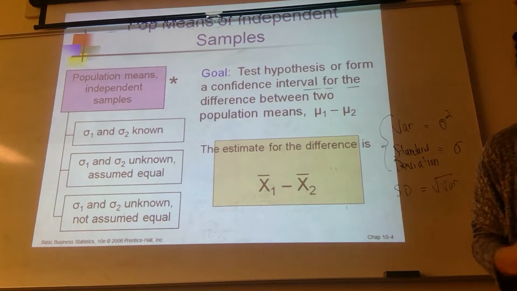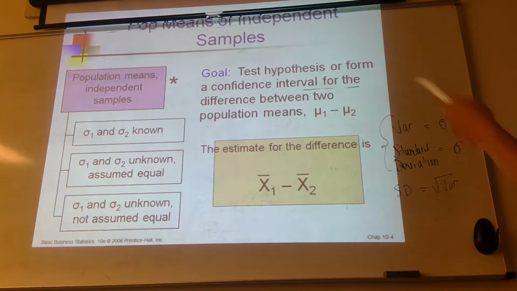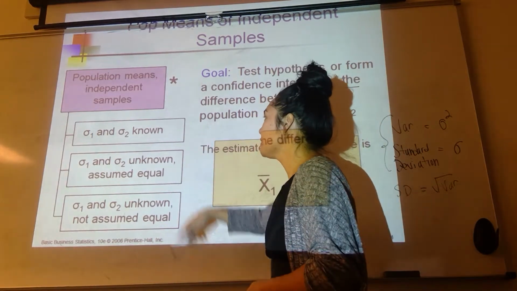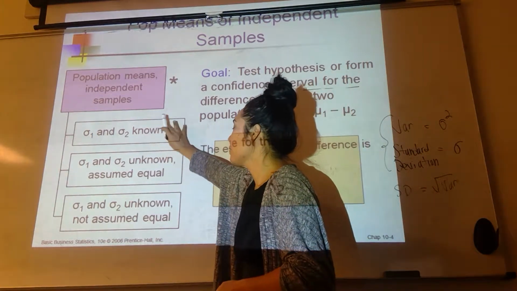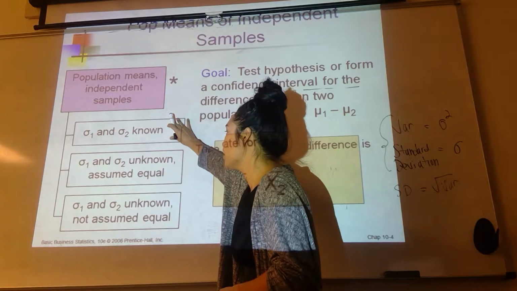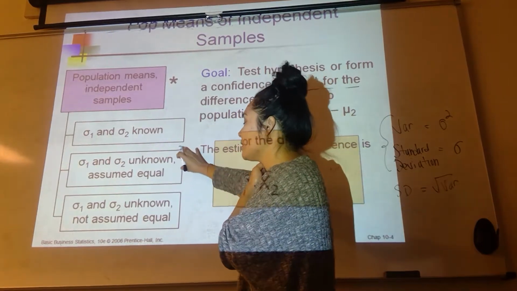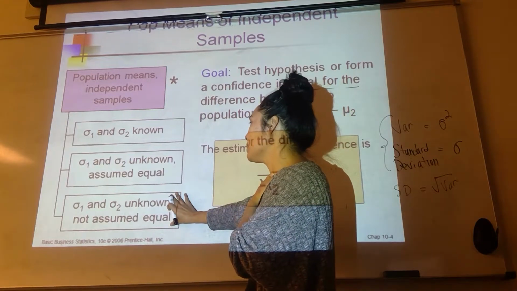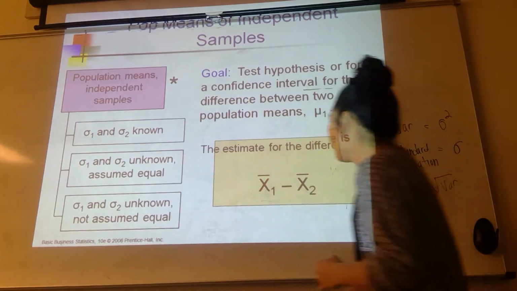Okay, so for the population mean independent samples, there are 3 different cases. For sigma, the standard deviations are known, the standard deviations are unknown, and the standard deviations are unknown and not equal.